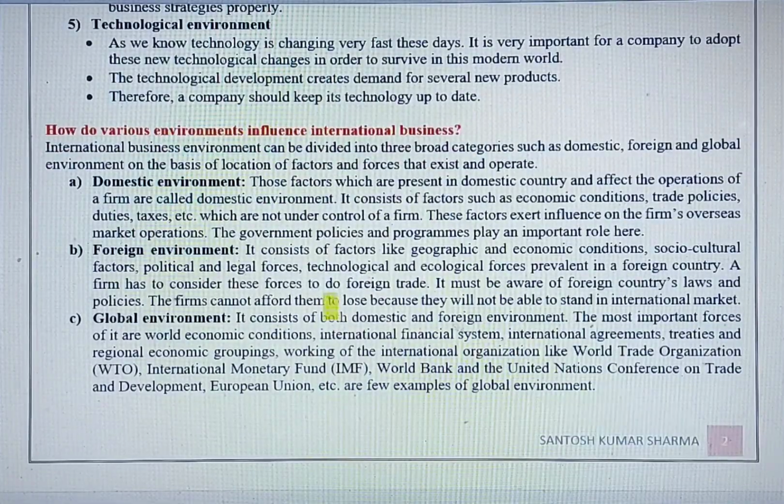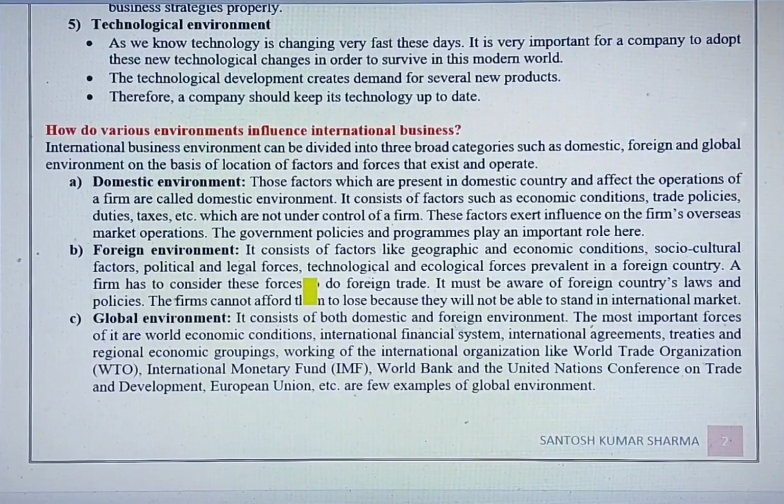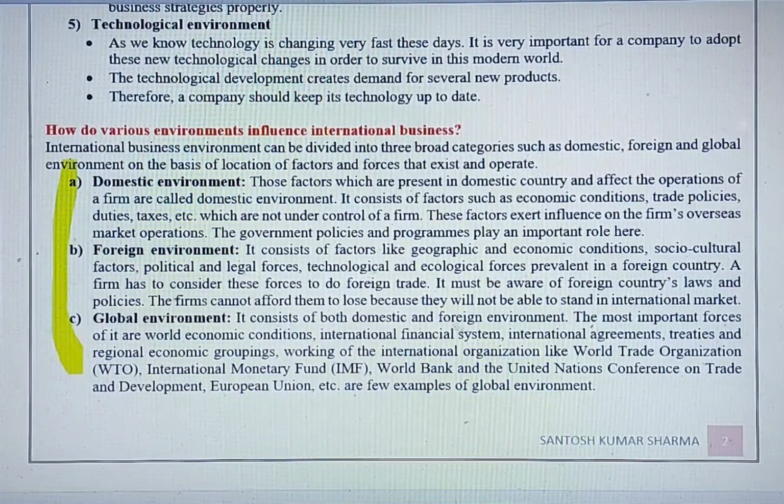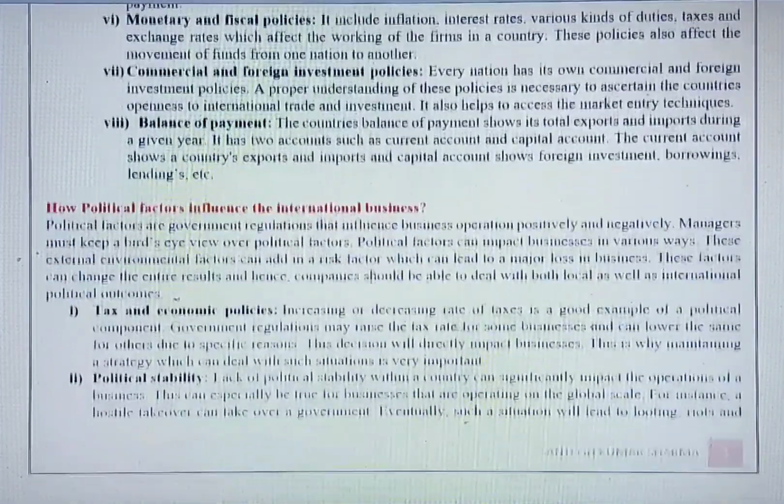The next question is how these different types of environment influence the international business or foreign trade. So all these three important environments, like domestic, foreign and global, and how they affect the international business of an organization.